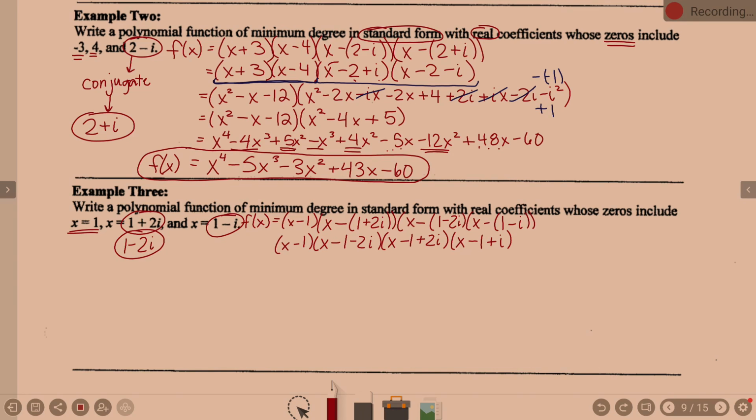But if we have 1 minus i, we also have 1 plus i, which is x minus the quantity 1 plus i, or x minus 1 minus i.